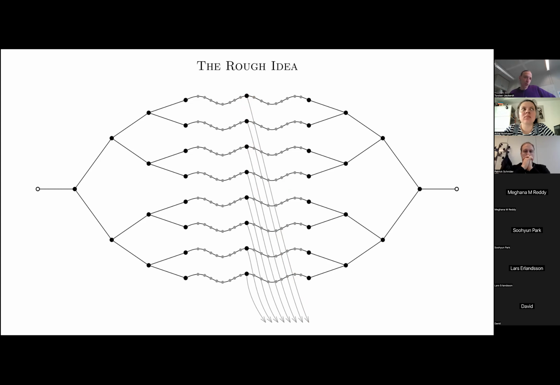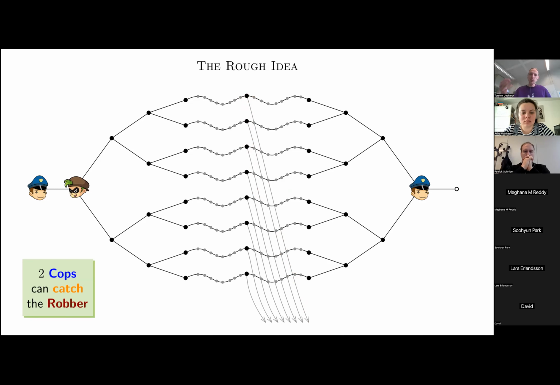So assume we are in this situation, and I want to argue how to catch the robber with just 2 cops. I have to prove to you later that the ordinary cop number in the classical variant is just 2. So assume I somehow brought us to the following situation. The robber is here, this cop is here, and the other cop is here, on the copy of this vertex of the robber.